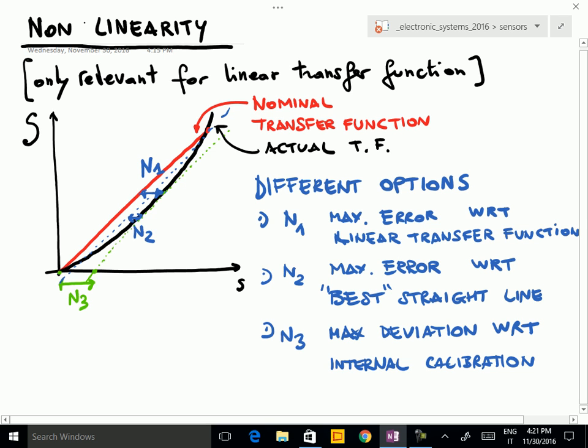So in this case it will be N3. It is important to understand these definitions, because if one wants to compare different sensors in terms of nonlinearity, one has to be sure that the same quantity is intended in both cases, so that the two quantities can be properly compared.